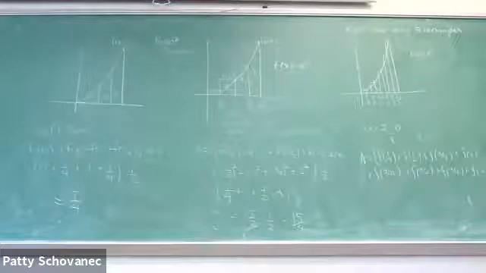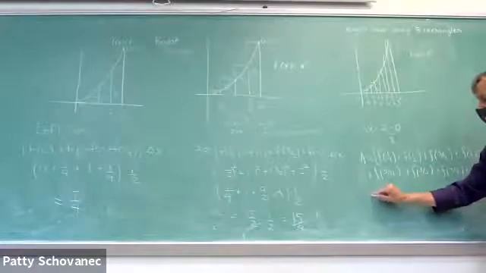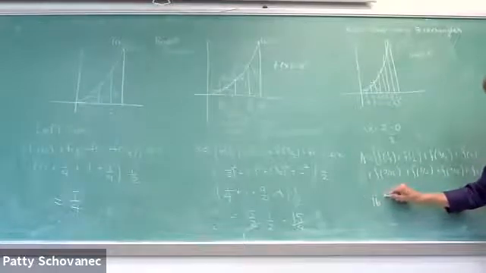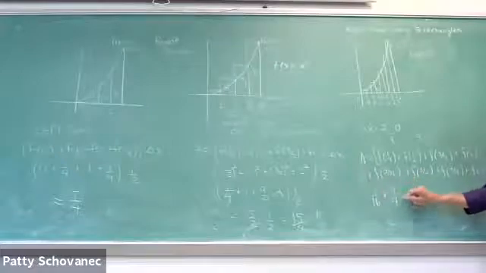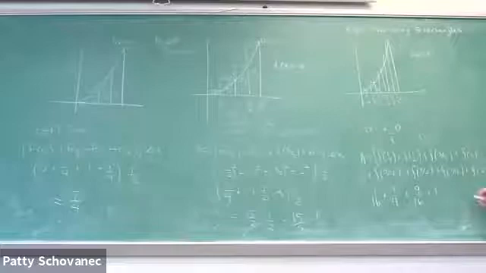So let me take those, plug them in here. So that means I'm going to square all of those. 1/4 squared is 1/16. 1/2 squared is 1/4. 3/4 squared is 9/16. 1 squared is 1. 5/4 squared is 25/16. 3/2 squared is 9/4. 7/4 squared is 49/16.